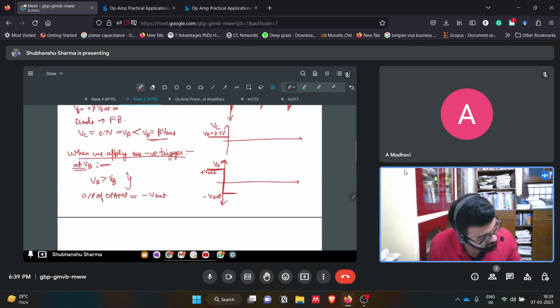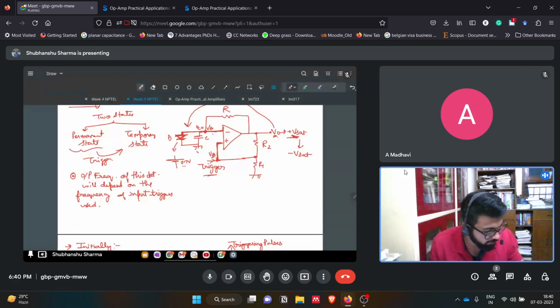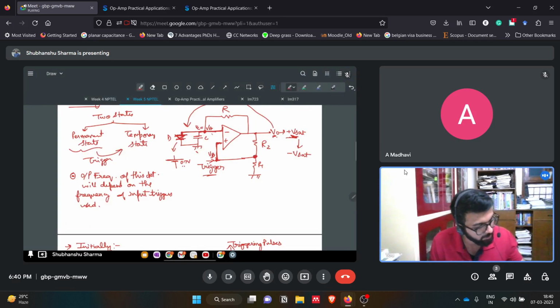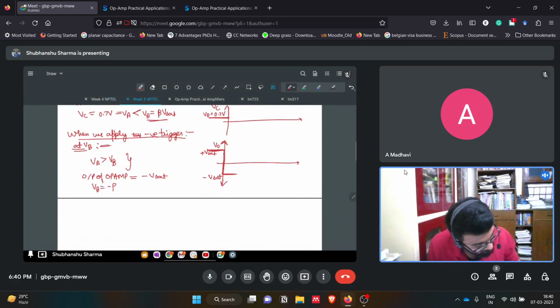Then, since the output of the op amp has changed from plus Vsat to minus Vsat, the voltage through the positive feedback, Vb, will become minus beta Vsat. Okay, till now I think it is fine.